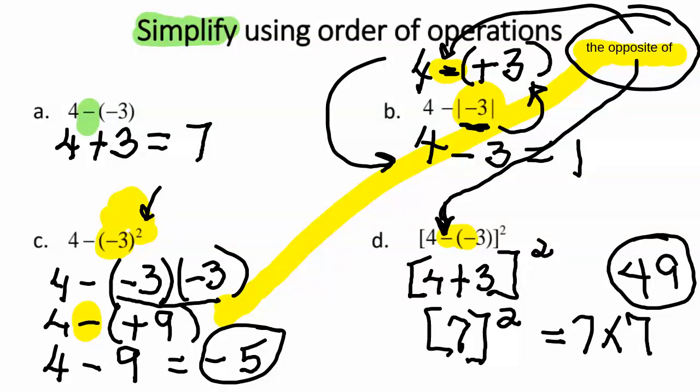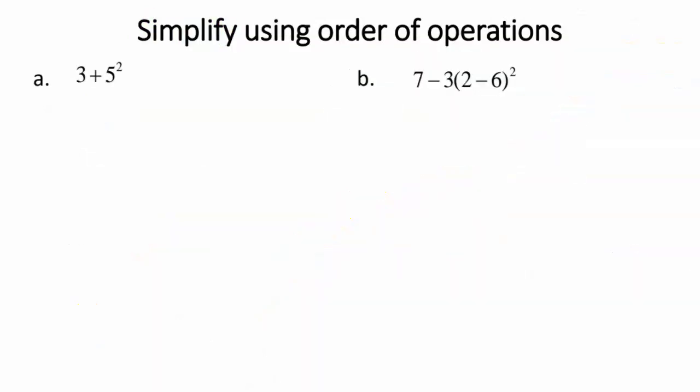Now, let's do some other ones. Okay, 4a. We have no parentheses, but we have an exponent. Now, some people like to write this line that says 3 plus 5 times 5, because that's what that 2 means.